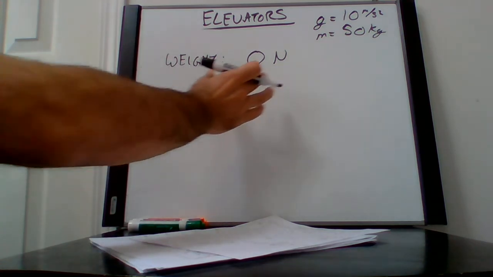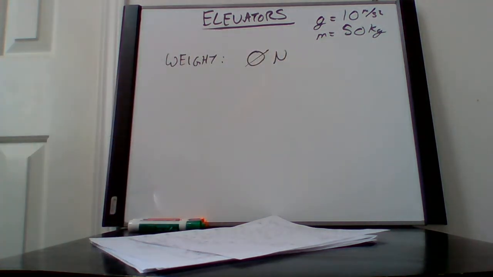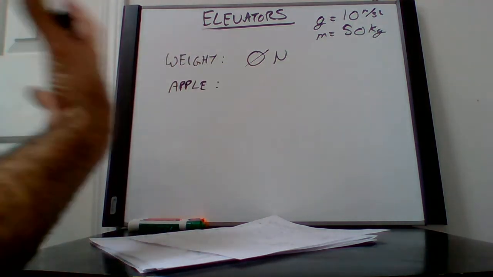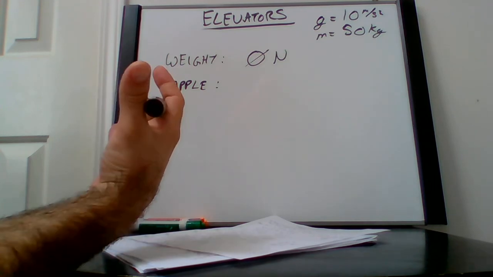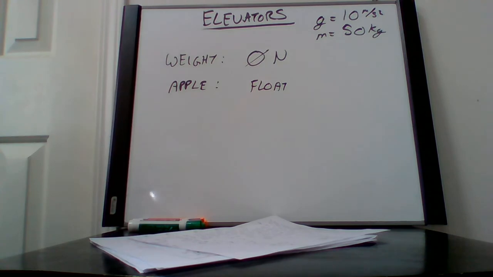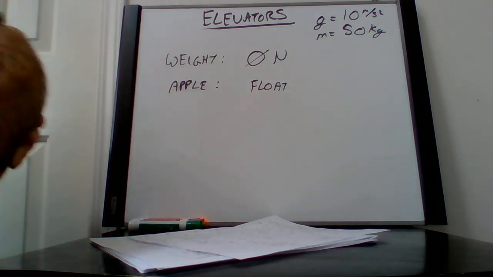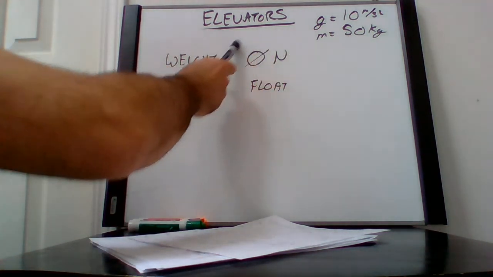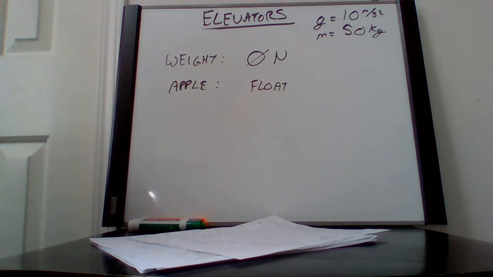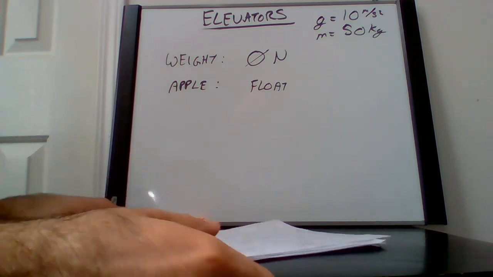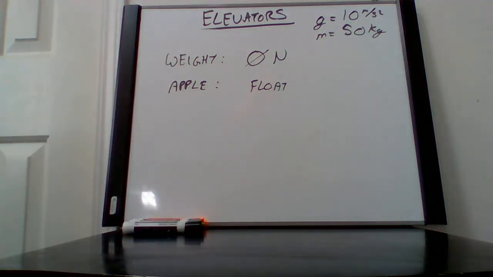And so we would have 0 newtons for our weight, and the apple, from the perspective of being inside the elevator, would float. I mean, we've seen airplanes, we've seen space, we've seen all these different situations where we are falling at the force of gravity, and it just looks like things float, and we experience that weightlessness in those situations. Okay, hopefully that helps with those tension problems and elevator problems.